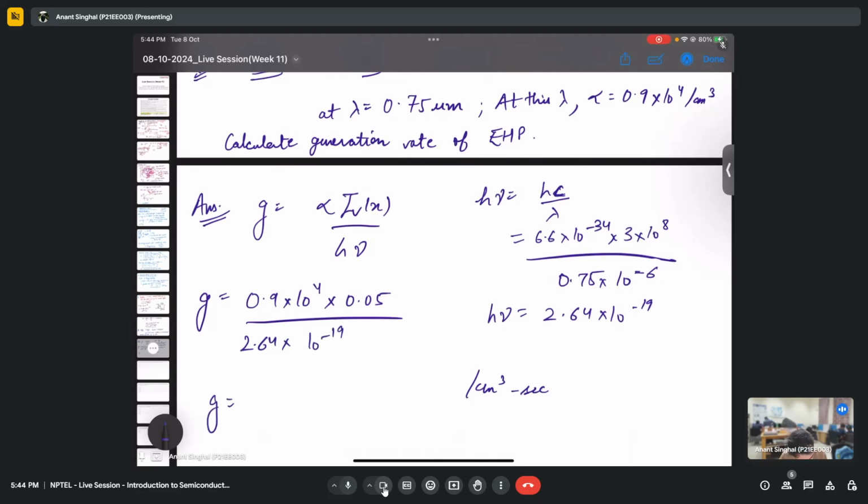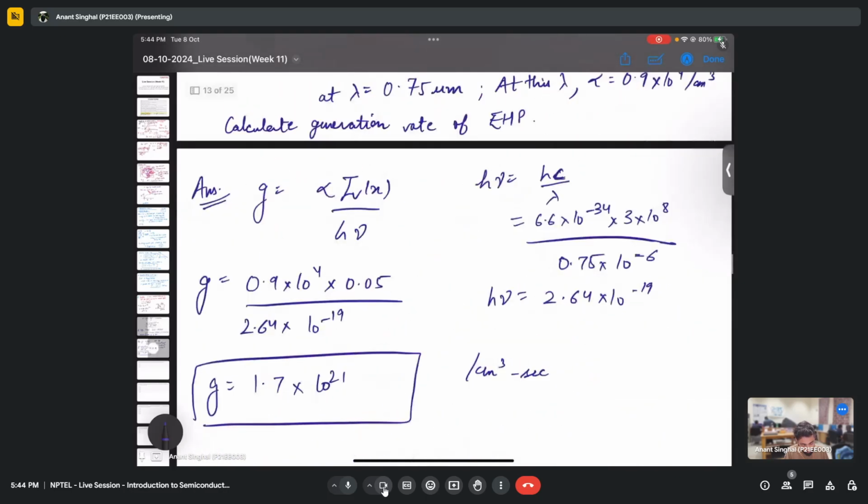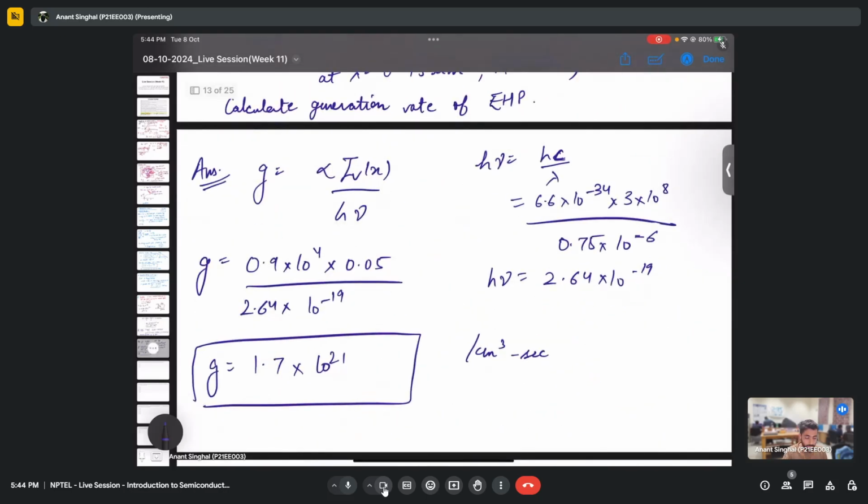So we just need to solve this thing. It is 1.7 times 10 raised to 21. Is it fine? This was straightforward, I guess. Please let me know if it is fine. Then we can move ahead with a better question.